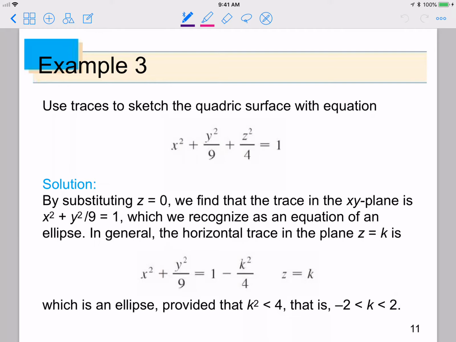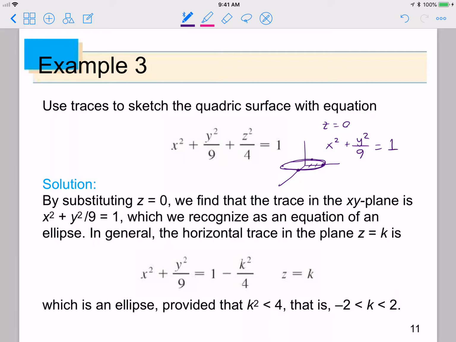Then we have x squared plus y squared over 9 equals 1. And this is an ellipse, right? It's going to come out 1 and 1, 2, 3. So it's an ellipse like that, right?